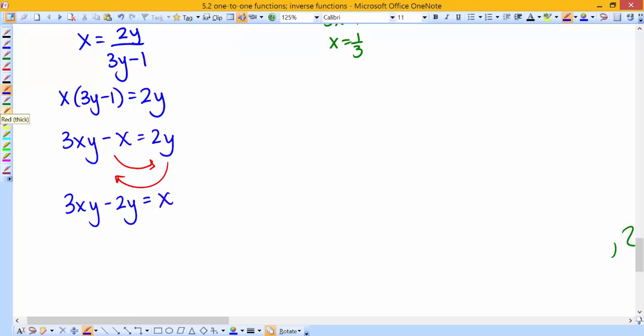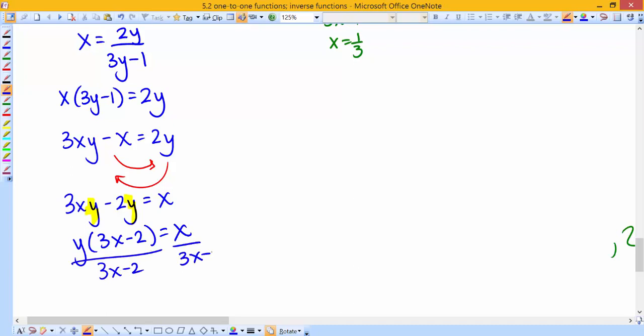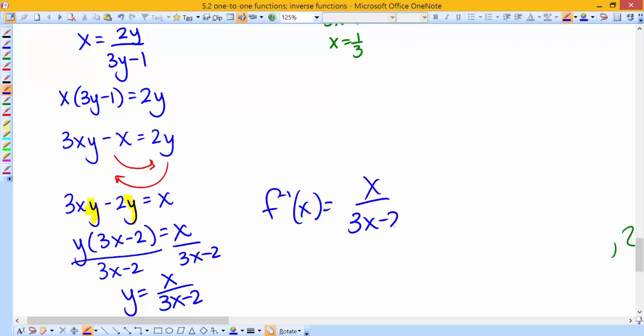Now I need to recognize both of those have a y. So I can factor a y out. y times 3x minus 2 equals x. Now I can divide by 3x minus 2. So y equals x over 3x minus 2. So my inverse is x over 3x minus 2.